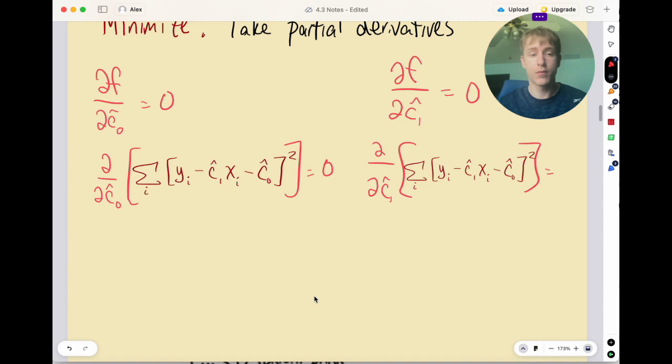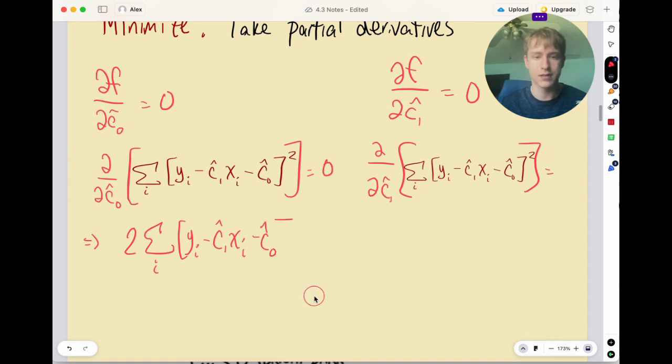So, partial derivative of all this, well, first thing we're going to do is apply the chain rule. Okay, and since this is a finite sum, we can go ahead and just move the partial derivative inside. And then what does the chain rule say? Well, you're first taking the derivative of something to the second power. So what you're going to be doing is taking 2 times that quantity, so 2 times this sum, y sub i minus c1 hat xi minus c0 hat, to the first power times the derivative of the inside.